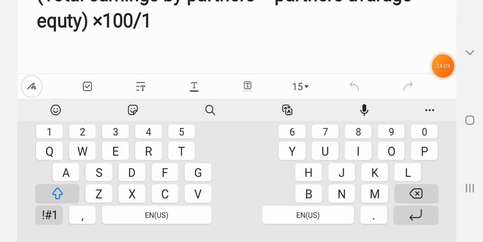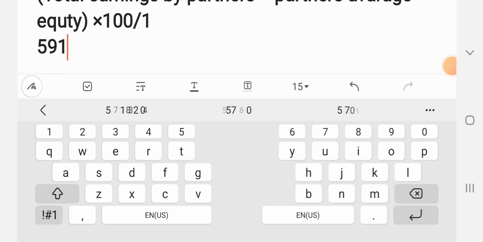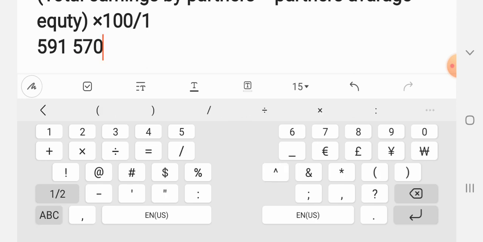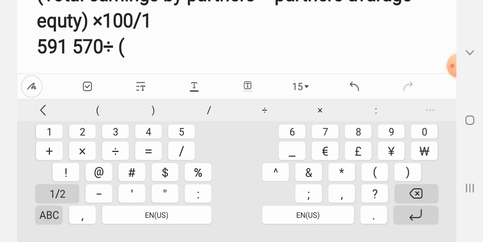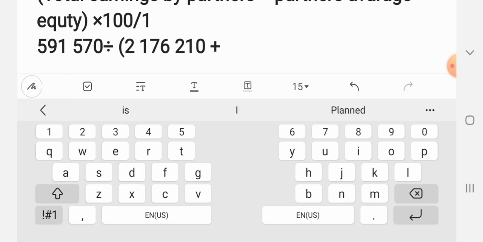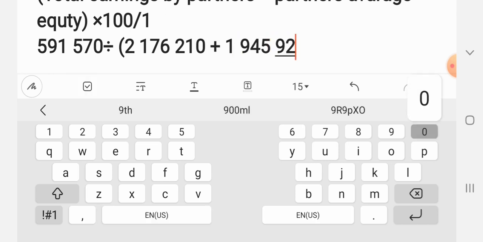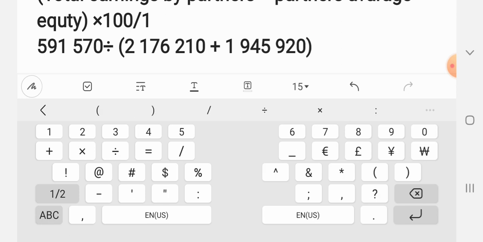So that's 591,570 divided by 2,176,210 plus 1,945,920, and then you're just going to do them.